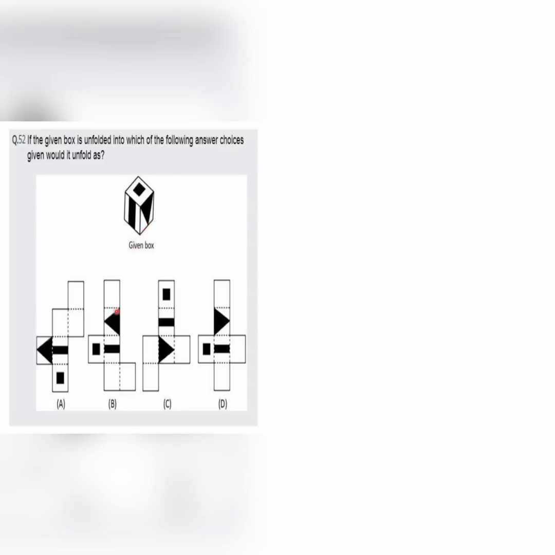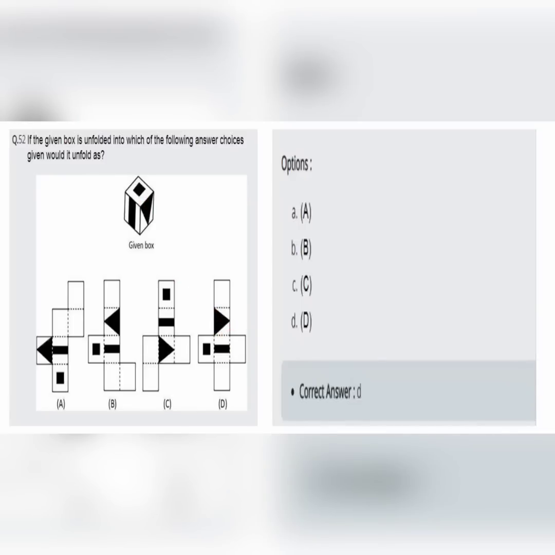Coming to option C, here also the square and rectangle are perpendicular to each other, which is not possible according to the given box, so it can also be neglected. Then coming to option D, the square and the rectangle are in the right position and the inverted triangle is seen clearly. So option D is the right answer.